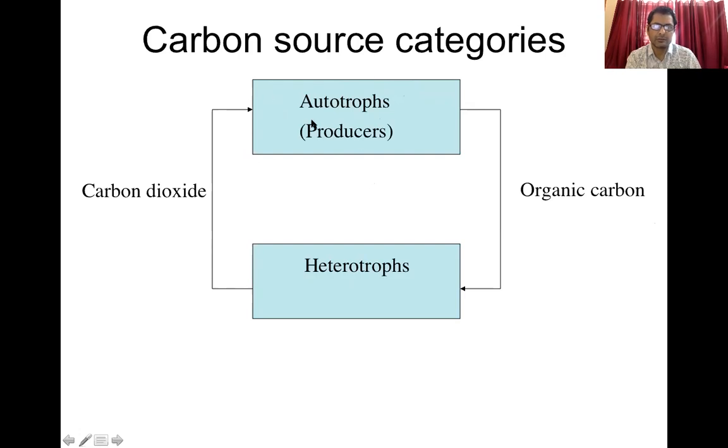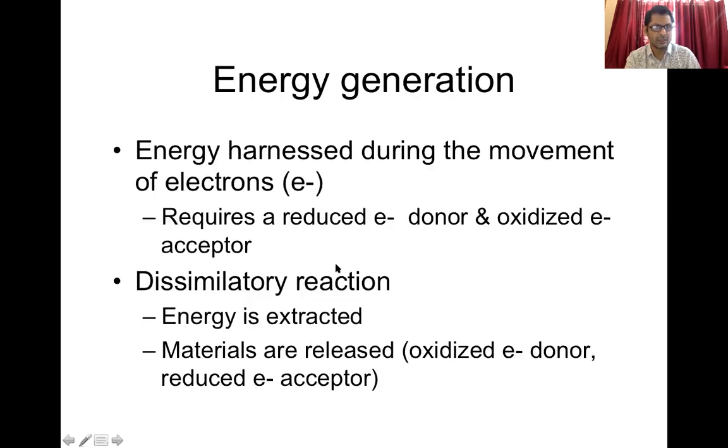Autotrophs are mainly producers and heterotrophs are consumers and decomposers. So producers, consumers and decomposers was on the basis of ecology, while on the basis of trophic categories, producers are autotrophs and consumers and decomposers are heterotrophs. Got it?